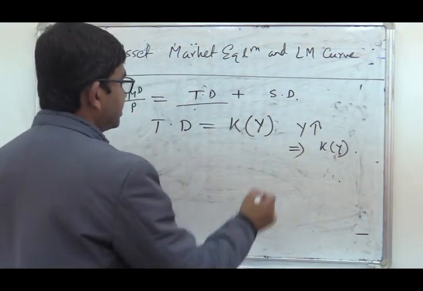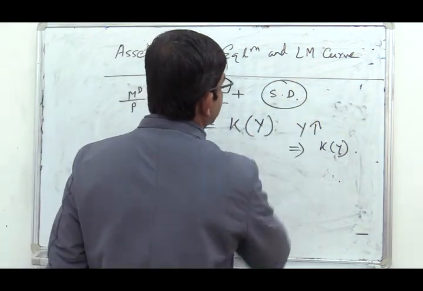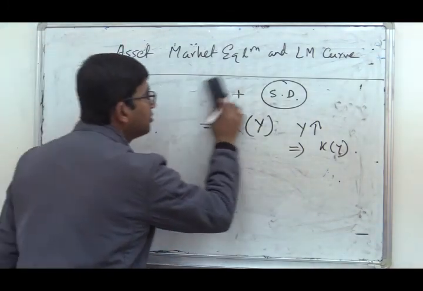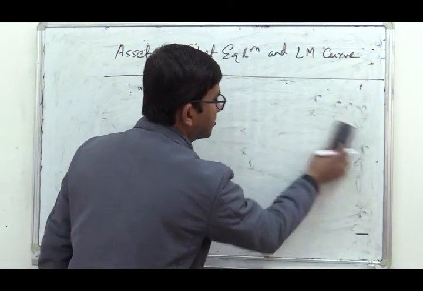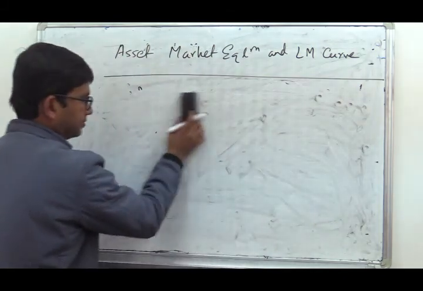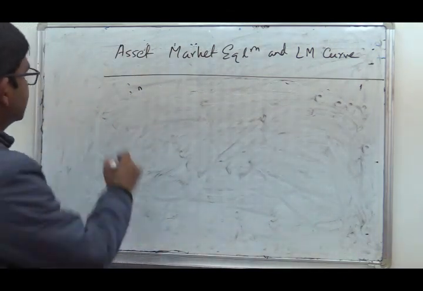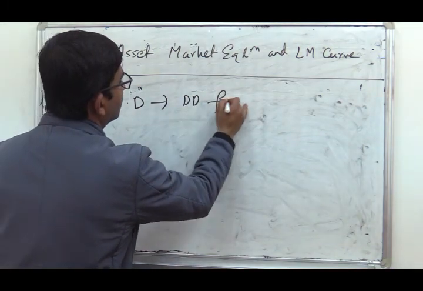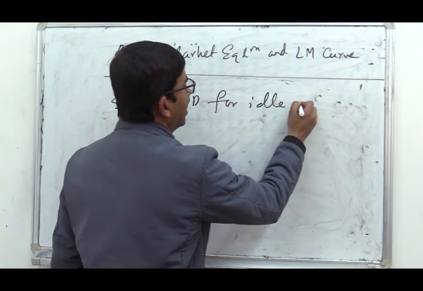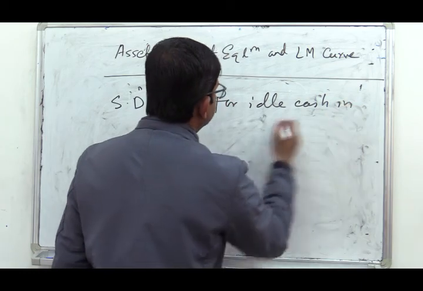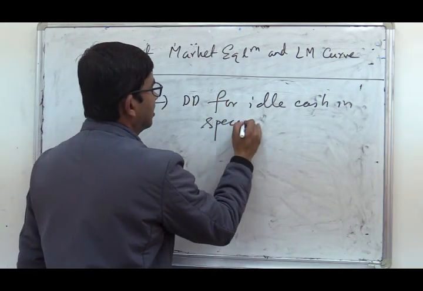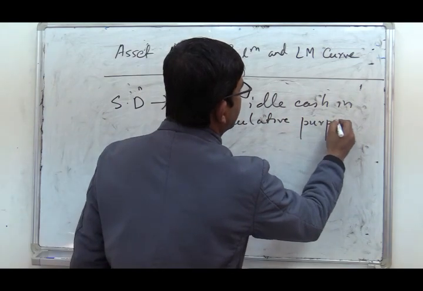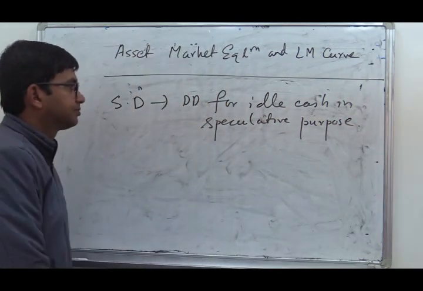The second thing, this is the uniqueness of Keynesian theory. Speculative demand for money is a unique feature of the Keynesian money demand function. Speculative demand for money is the demand for idle cash for speculative purposes.